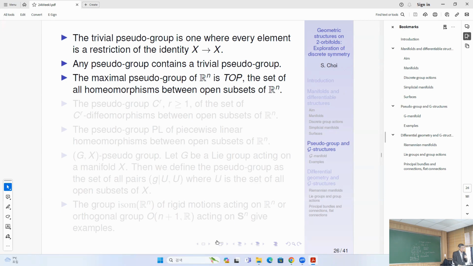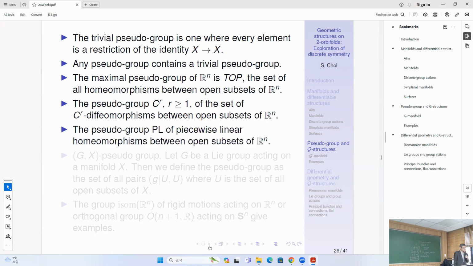It can't be any bigger because it contains everything. The C^r pseudogroup is the set of all C^r diffeomorphisms between open subsets of Rn. You can verify that's a pseudogroup. And there is the PL pseudogroup, of piecewise linear homeomorphisms between open subsets.